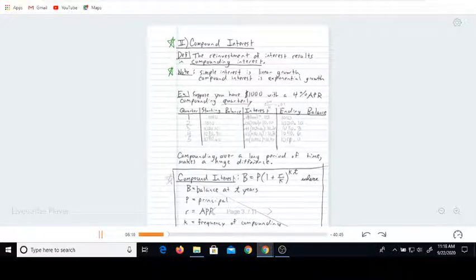So after the first quarter, your balance started off at $1,000, and you're going to get 4% of the $1,000, which is $40. Oh, well, I'm sorry.